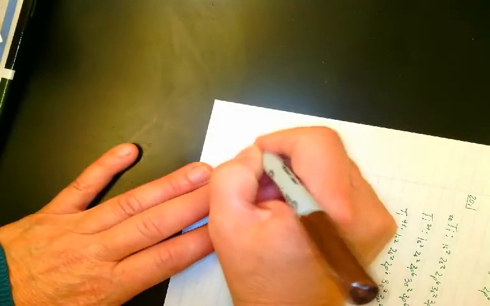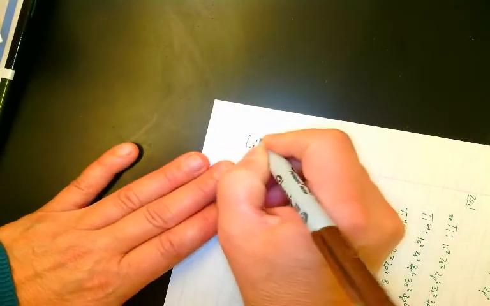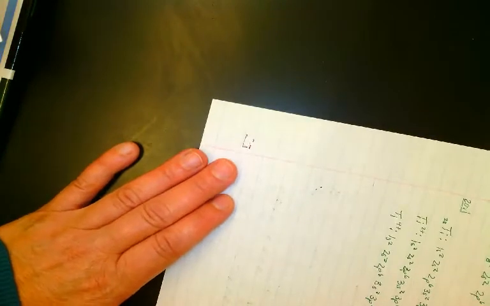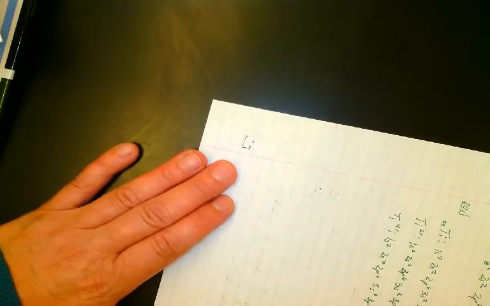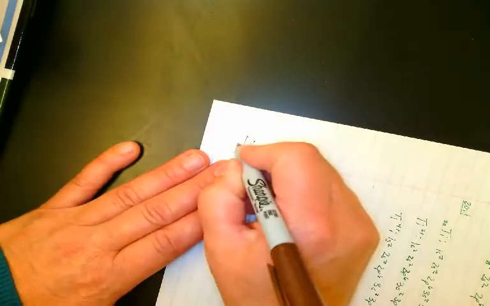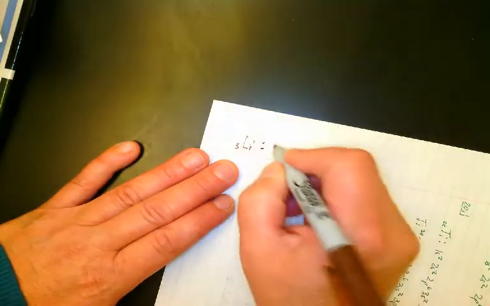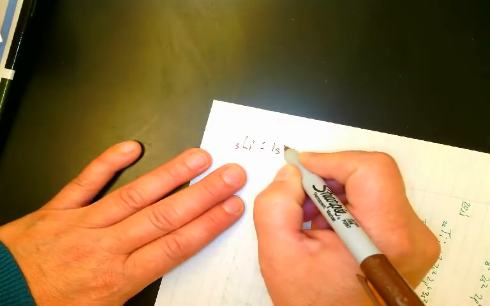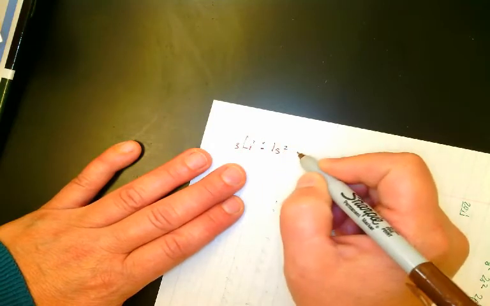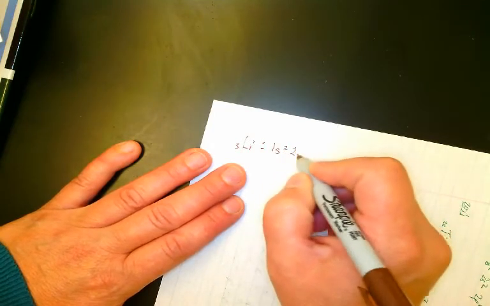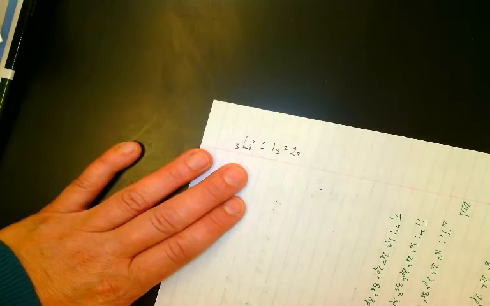Why? Well, let's do it. Lithium is how many electrons? 3. So what do I start with? 1s. And S's hold what? 2. Then I go to 2s.